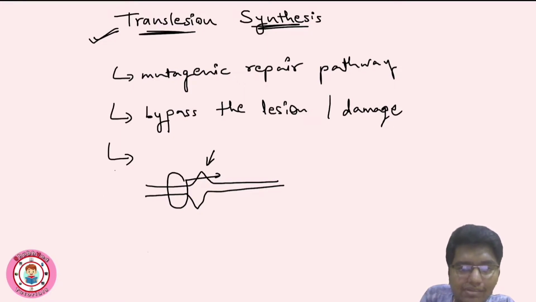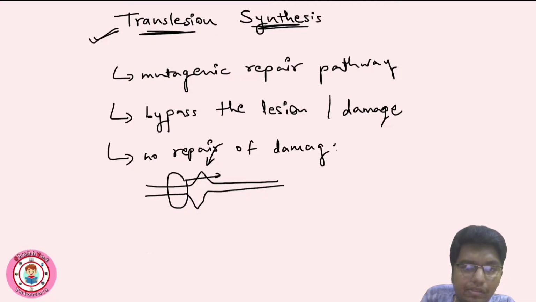So the damage is as it is. Basically there is no repair of damage. So repair is not done, and thus synthesis takes place continuously. The term used is bypass: bypass the lesion or damage.